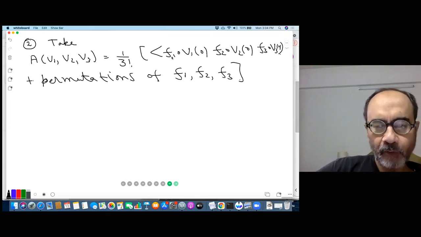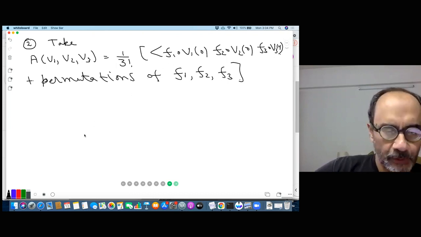So you replace f1 by f2, f2 by f1, and so on. This will be manifestly symmetric, so you can also define the off-shell amplitude this way.